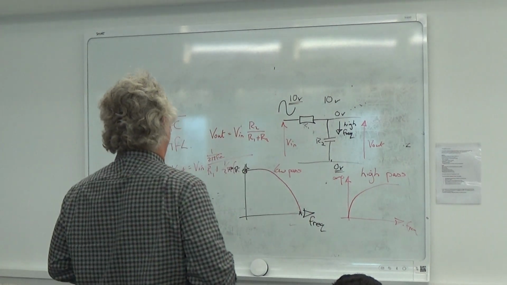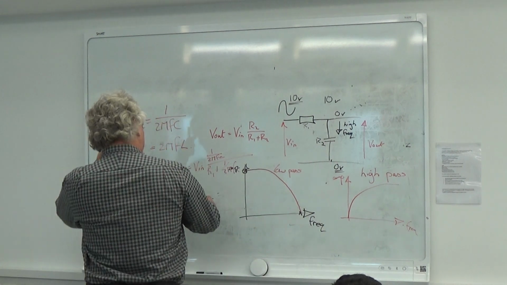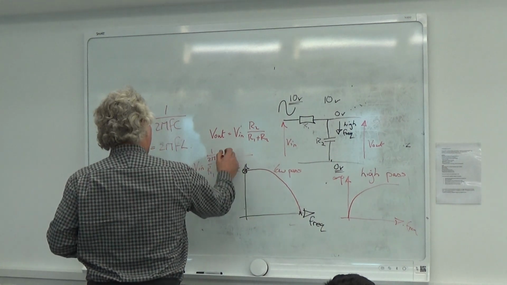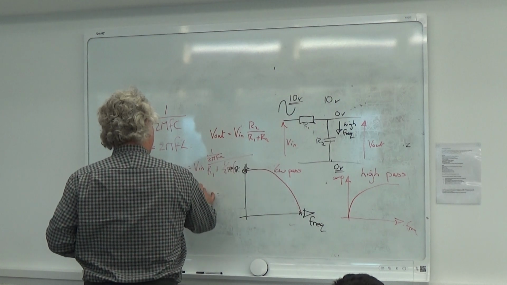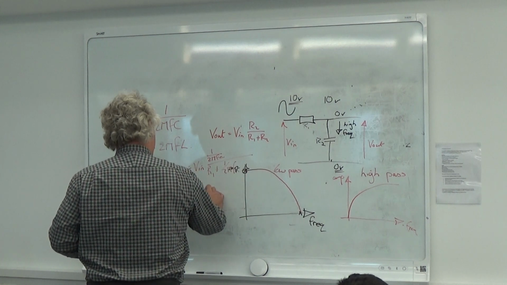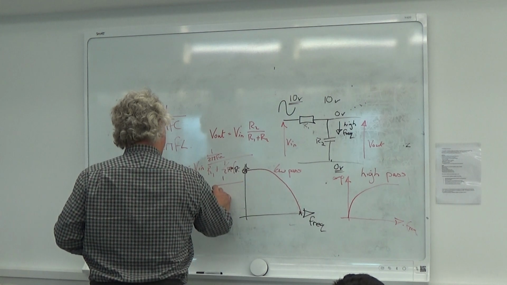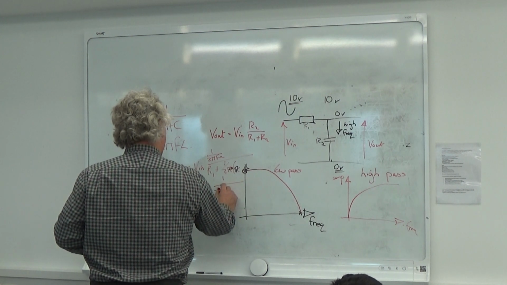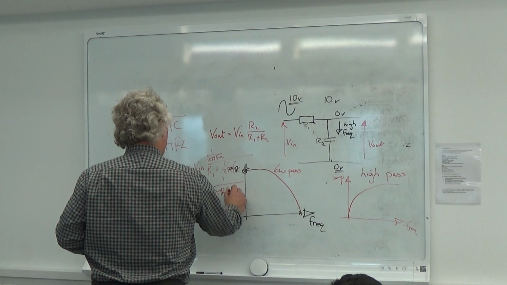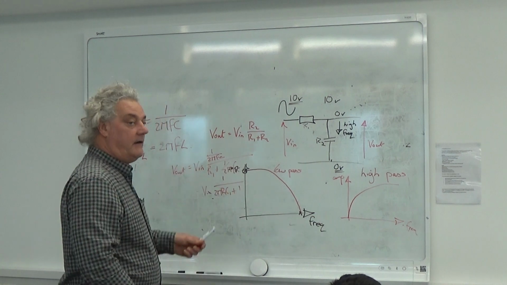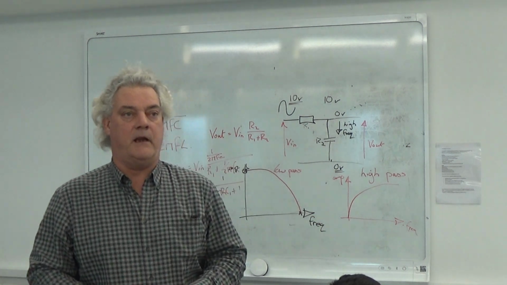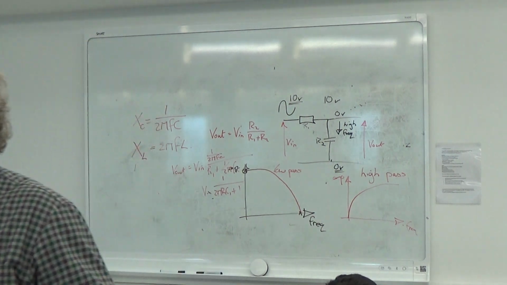You can tidy that up because you can multiply top and bottom by 2 pi FC, and what you get is a 1 on the top. So we've got V in, we've got 1 on the top, 2 pi R1 C1 plus 1.